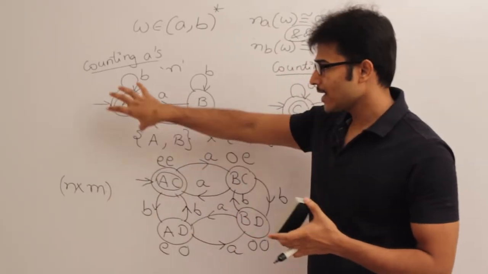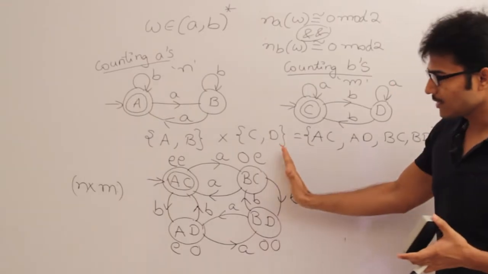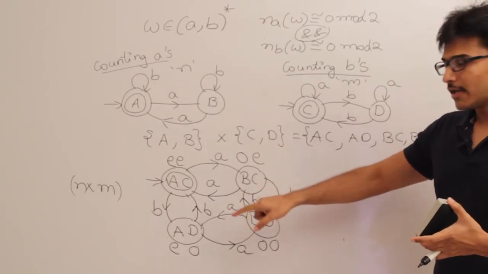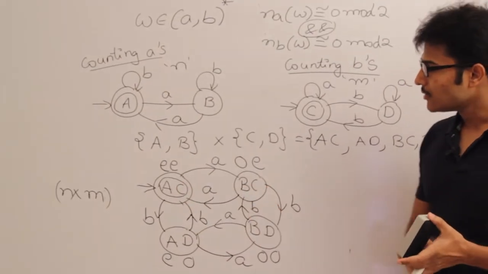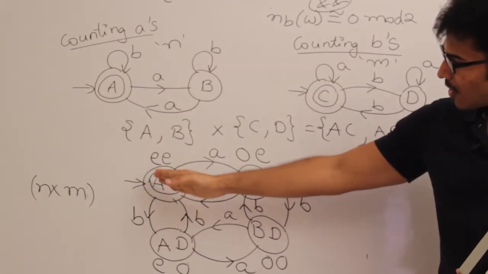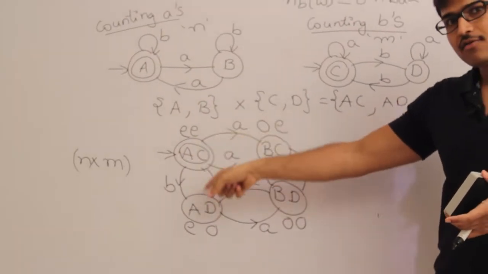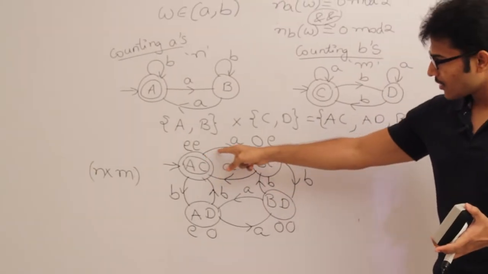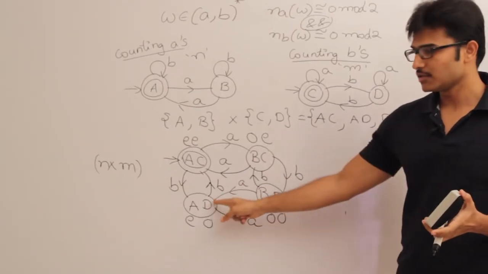For example, how I can draw it without using this cross product method is, if you observe this question, just observe this diagram, just focus on this diagram. Okay, so if you see this, it is going to be number of A's are counted horizontally and number of B's are counted vertically. Just observe this for some time. Number of A's are counted horizontally, right?